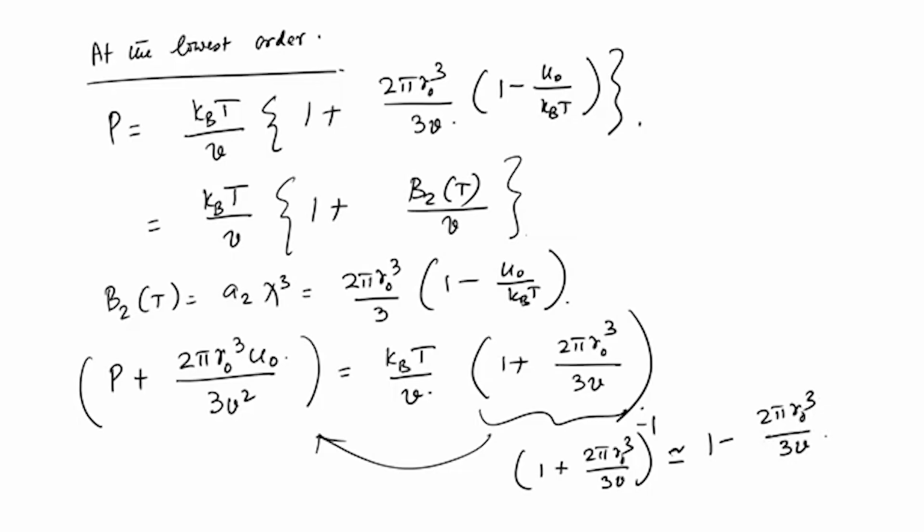You will see that this has a remarkable similarity with the van der Waals equation of state, and then it can be written as p plus a by v square, that is the specific volume, times v minus b is equal to k t.